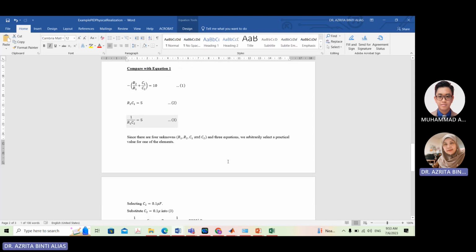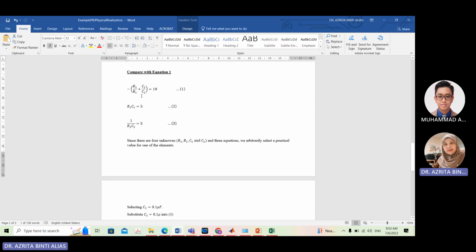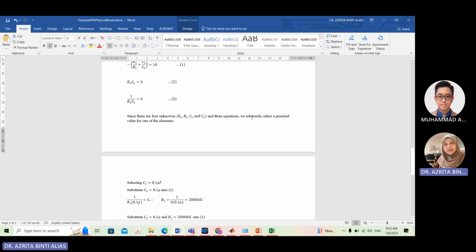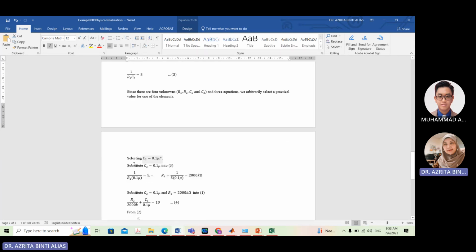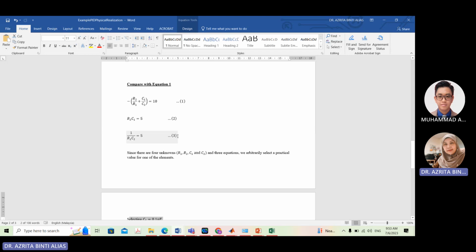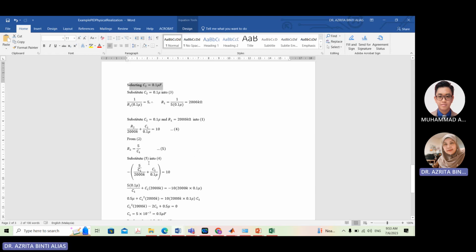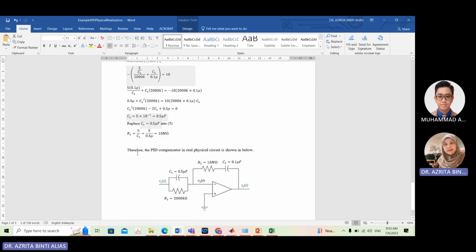So to solve this problem, or to design all these values, we need to select one value. From this example, I select the C2 value. Then substitute the C2 value into the equations and solve until you find all these values.